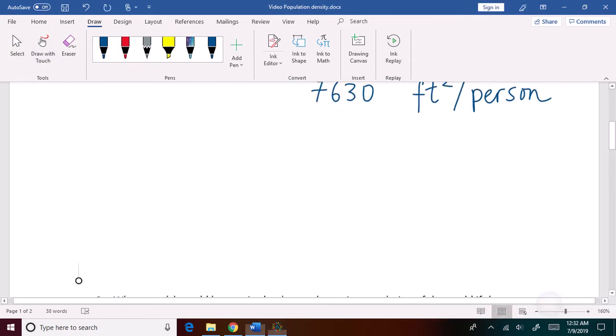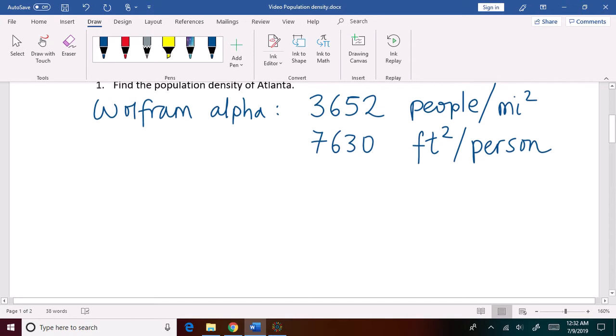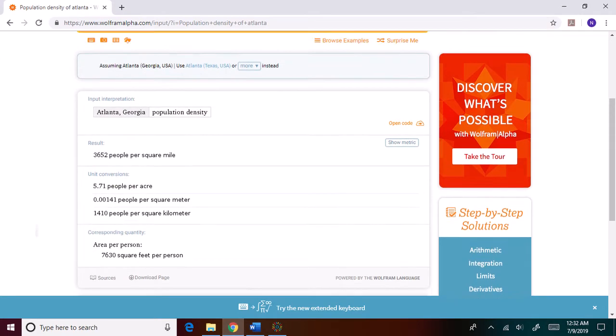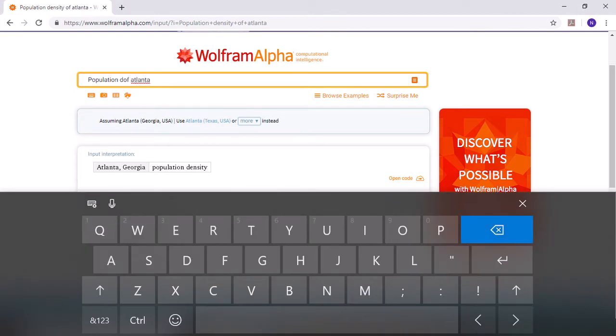Next, how we do this in the actual calculations is that, for example, let's say we want to do the second one. You need to figure out the area of Atlanta. You could do the same thing. This time you just say we want to figure out the area of Atlanta.